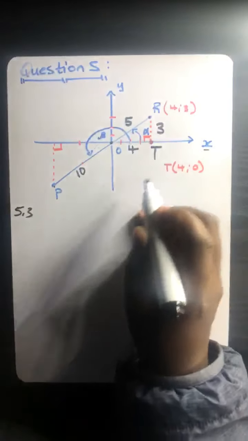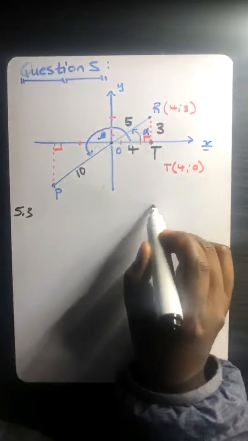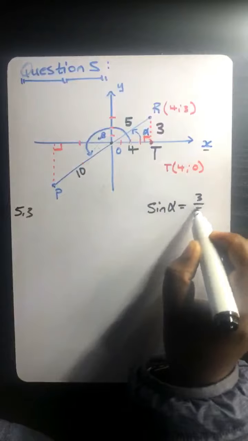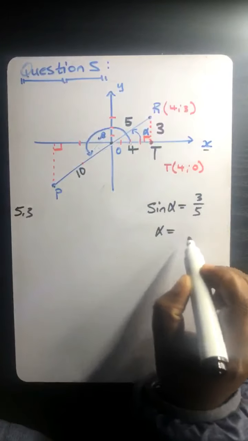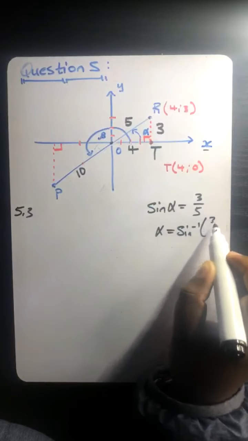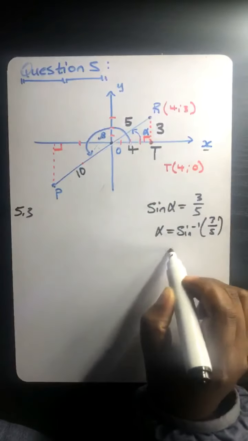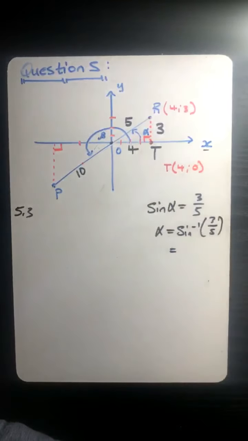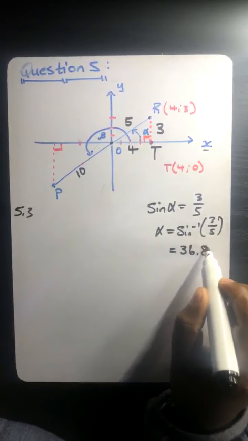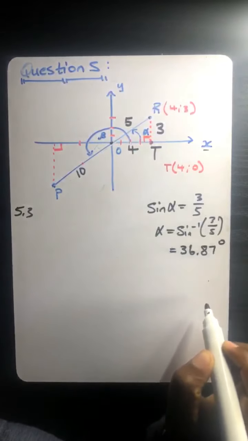Okay, let me just start from here. We were given that sine of alpha is equal to 3 over 5. That means this angle alpha is equal to arcsine of 3 over 5. So what is the value of angle alpha? It's 36,87, sir. 36,87 degrees.